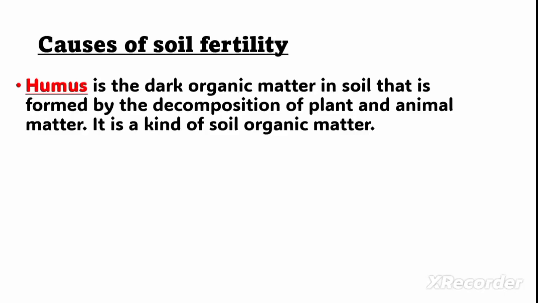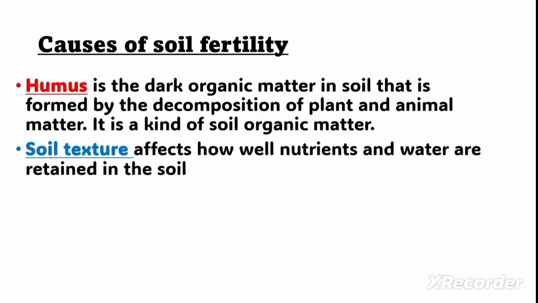Humus is the dark organic matter in the soil that is formed by decomposition of plant and animal matter. It is a kind of soil organic matter. So the humus adds fertilizer to the soil. Soil texture is also one of the factors that helps the soil to be fertile.